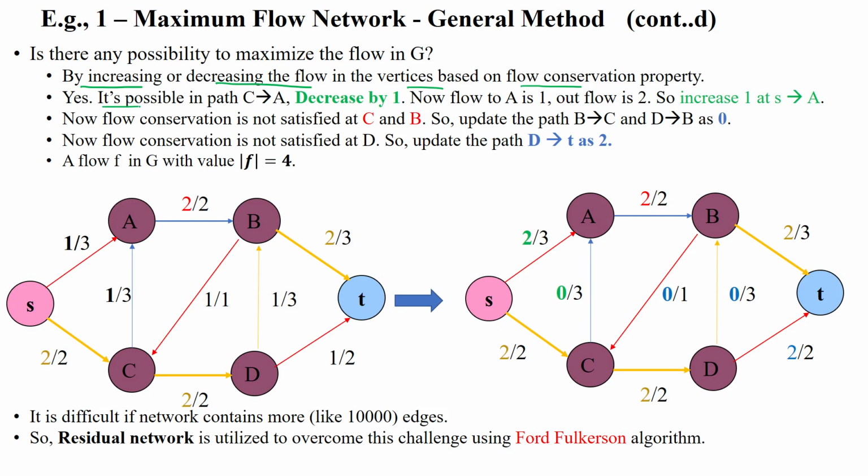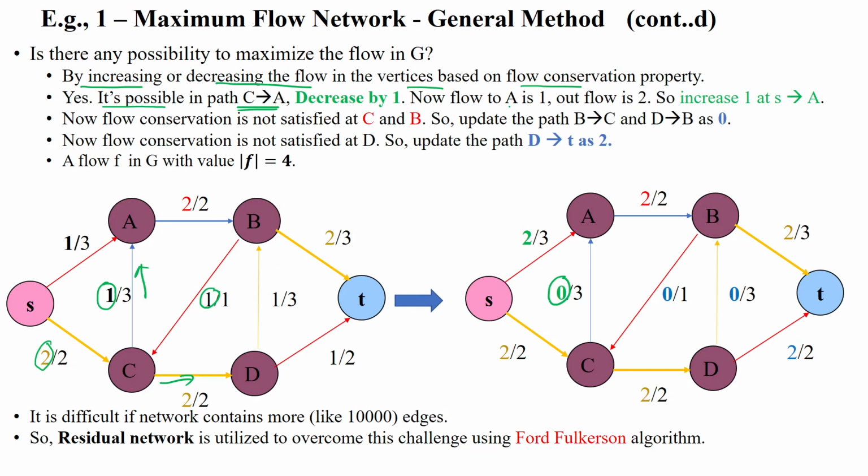So there is a new path available between C2A, right? Here I am decreasing C2A to 0. If I decrease this to 0, then you see the flow conservation is not matching. Here 2 units I am receiving, here 1 unit I am receiving, but outgoing is only 2 units, so I have to make one more change.